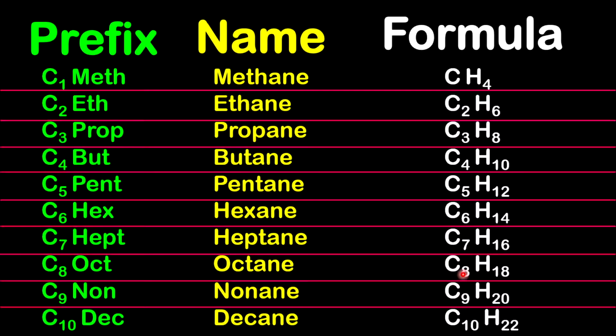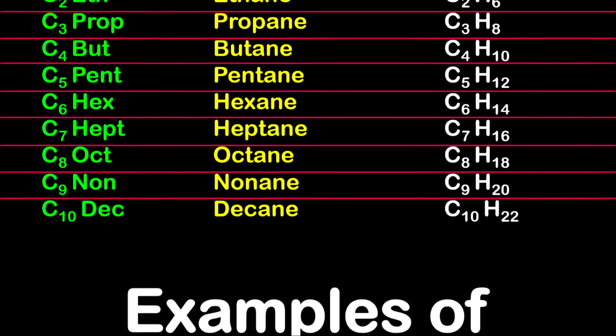If the number of carbons is 8, 2 times 8 is 16, plus 2 is 18. Let's look at the last one here, which is decane. If it's 10 carbons, then 10 times 2 is 20, 20 plus 2 is 22, so it's 22 H's. Okay, you could go through the others that I've missed and check them on your own to make sure that you understand the concept of using the general formula.